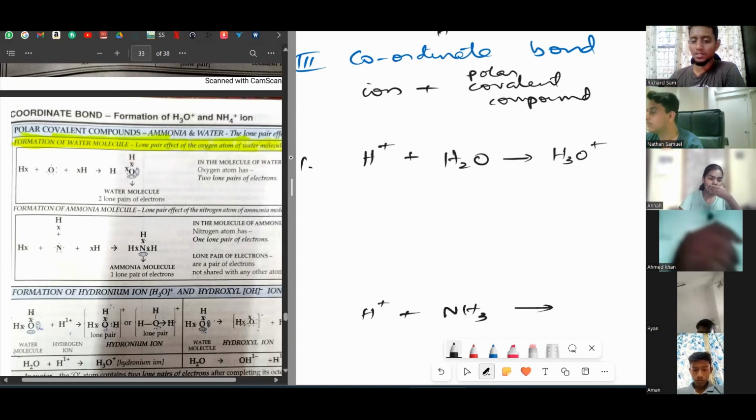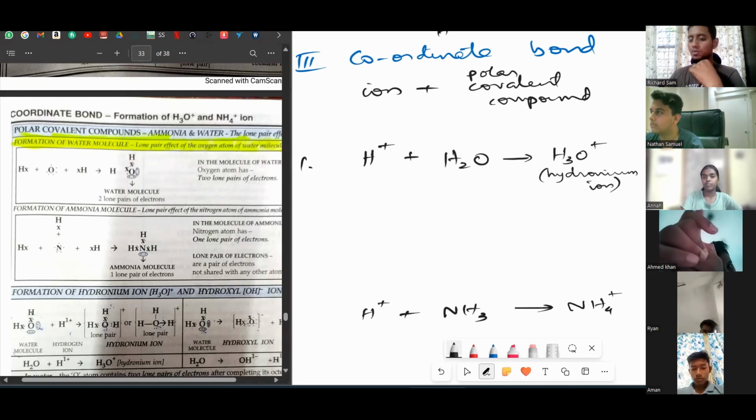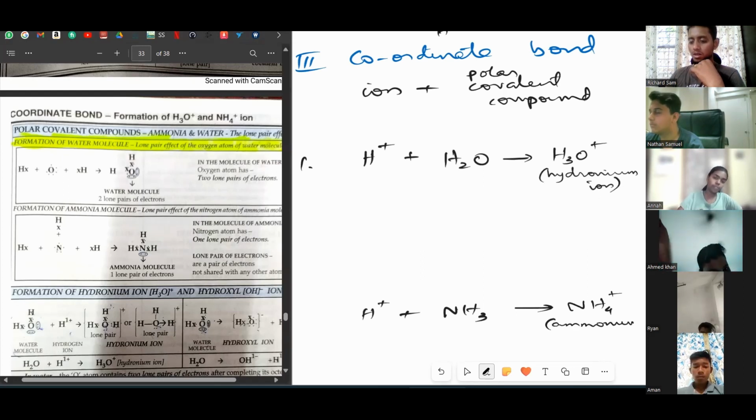So when hydrogen joins with NH3, you will get NH4 plus, ammonium. What is H3O plus called? It's called hydronium ion. And NH4 plus is ammonium ion.